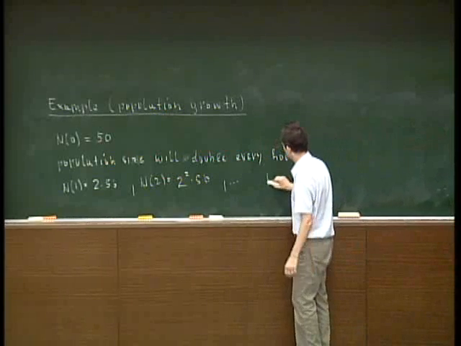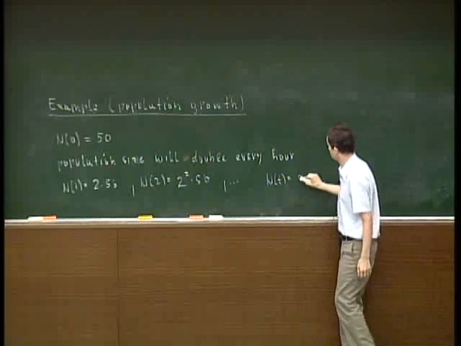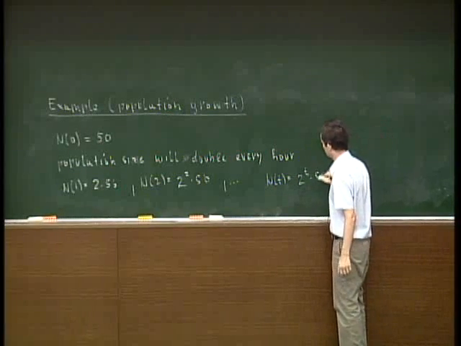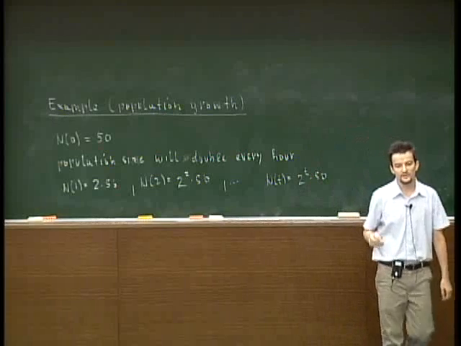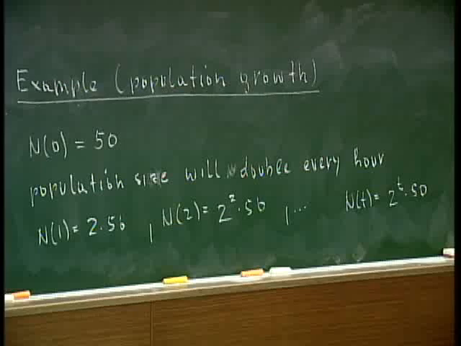So you get, in general, that N(t) after t hours is equal to 2 to the t times 50. In such easy models, if you want to model, for instance, the population growth on the Earth, you can use such a simple model.